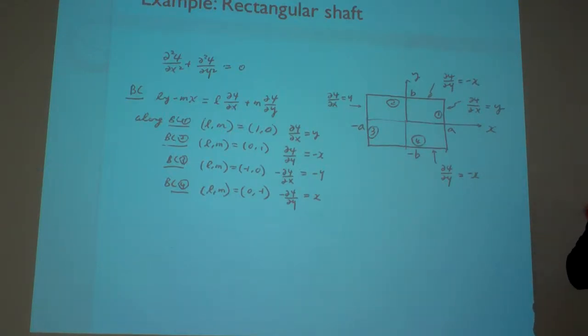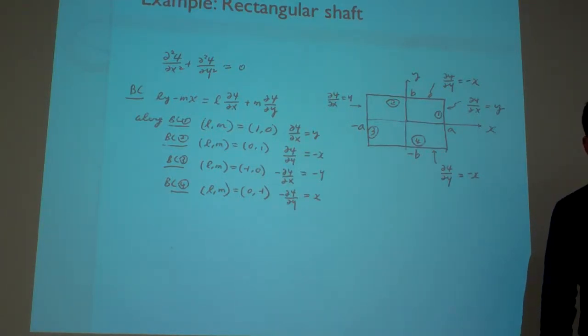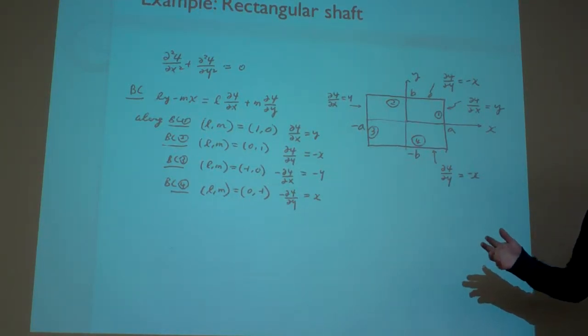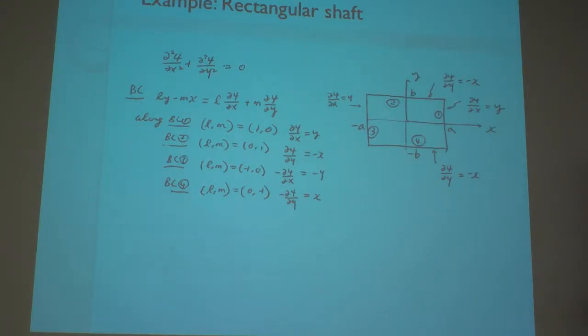In the appendix of the notes, I provide one of the methods. There is more than one solution process that can be used, but in the appendix I give you one.